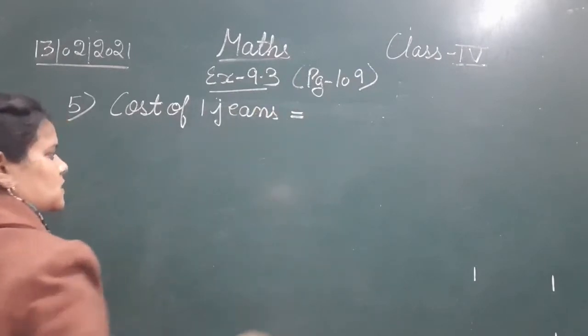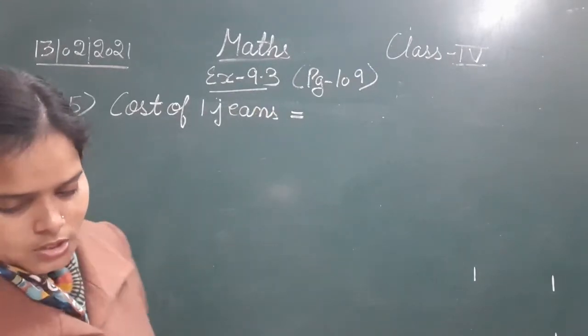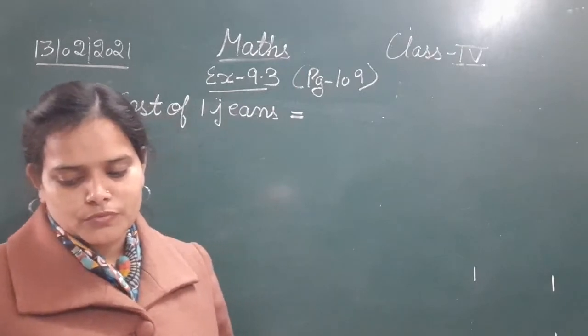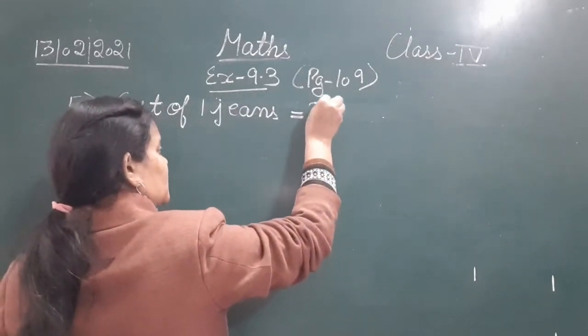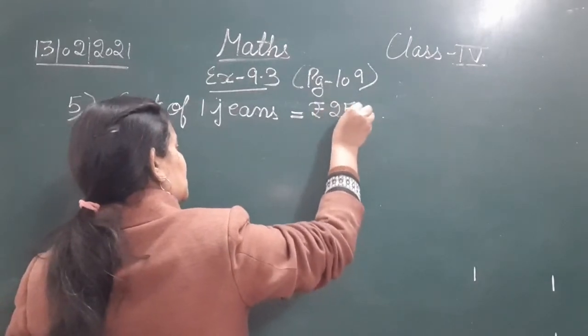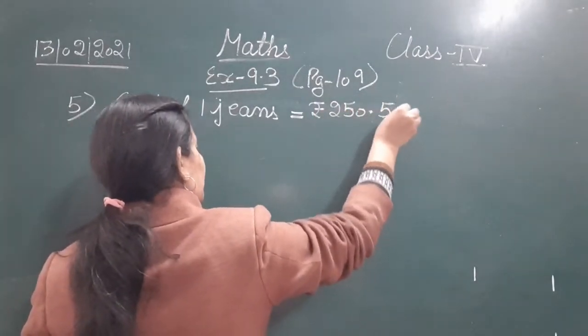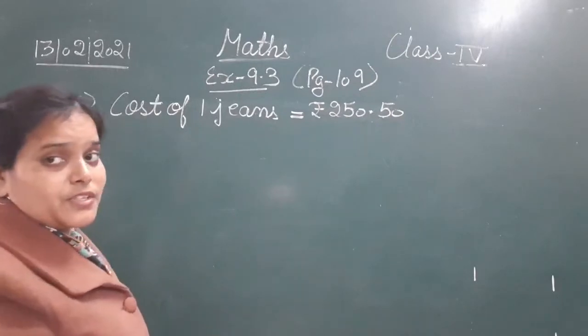Cost of one jeans is equal to 250 rupees and 50 paise. So this is the cost of one jeans.